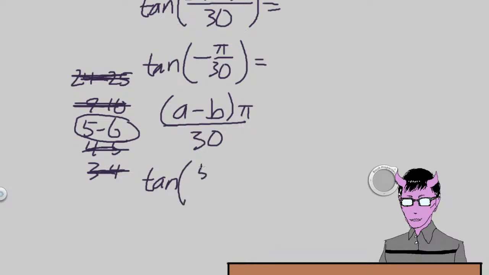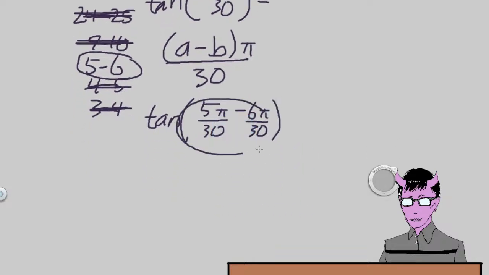So we have a 5 minus a 6. So 5 pi minus 6 pi. That's going to be the expansion proposed, and each of those fractions is over 30. Again, not my favorite situation because this one simplifies into pi over 6.